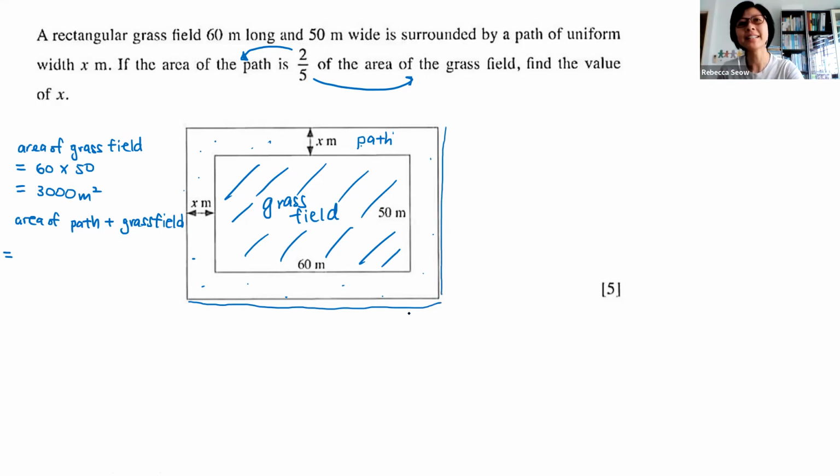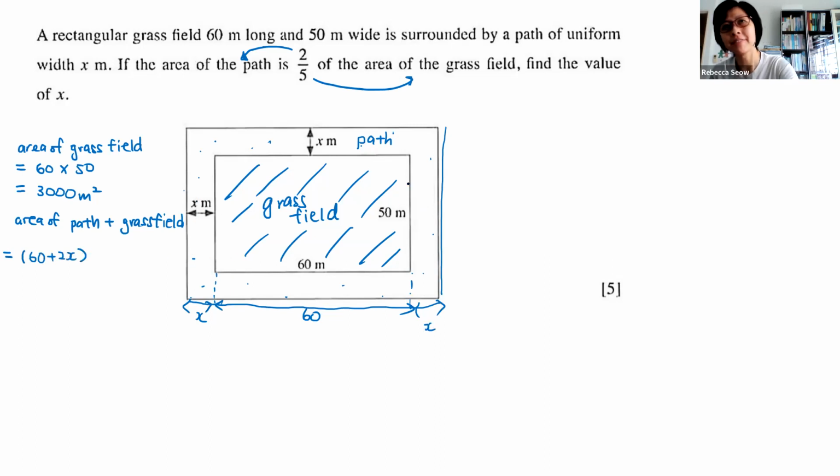Now, how do we find this length here? If we note that this particular part of length is actually 60, we bring down our value of x. This is actually x. This is also x. So the length is actually 60 plus 2x.